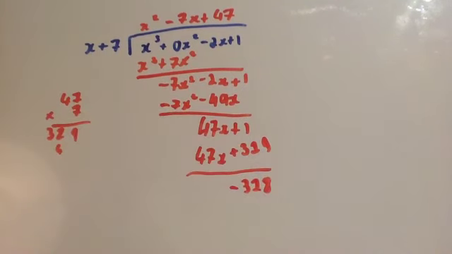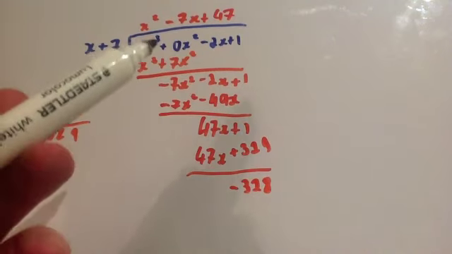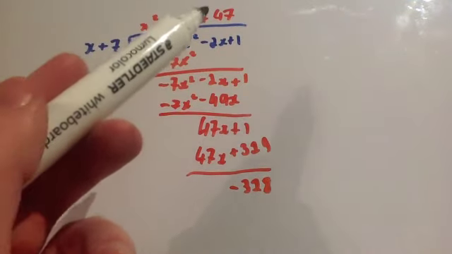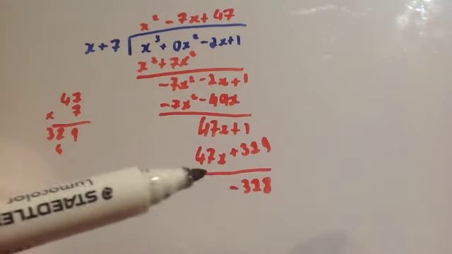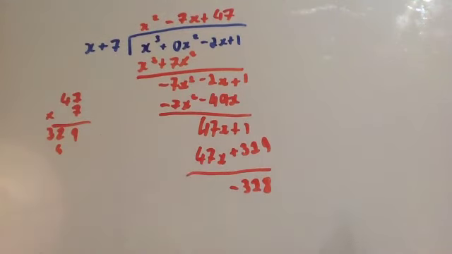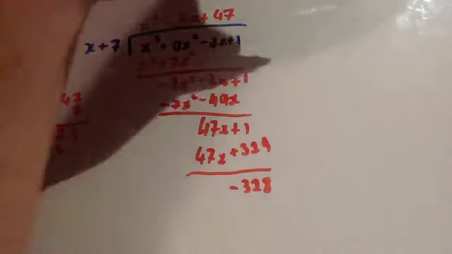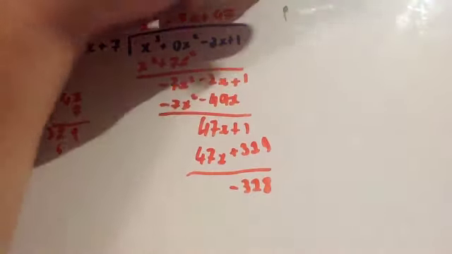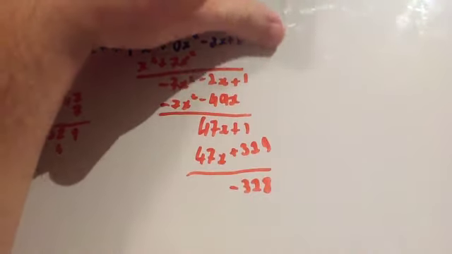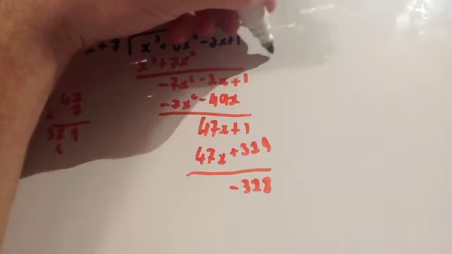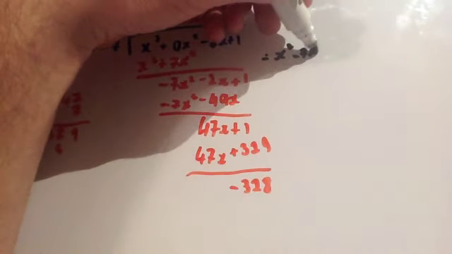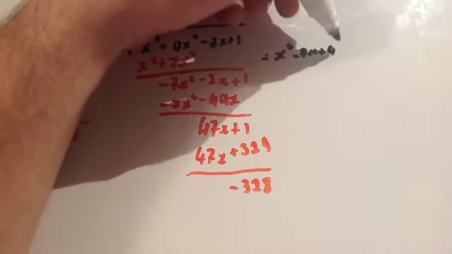Okay, now I wanted to talk about how to lay this out. So, if they asked you what x cubed minus 2x plus 1 divided by x plus 7 would be, your answer would be x squared minus 7x plus 47, remainder minus 328. However, you might want to lay that out in a different way. You could write as your answer, equals x squared minus 7x plus 47.